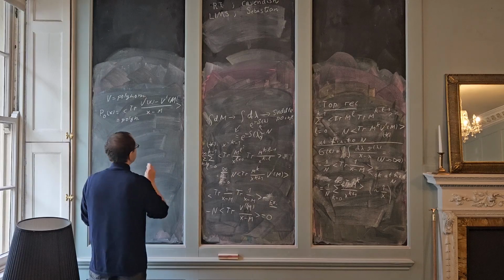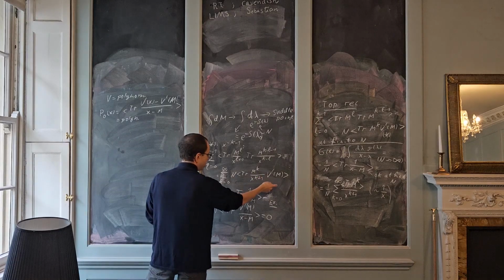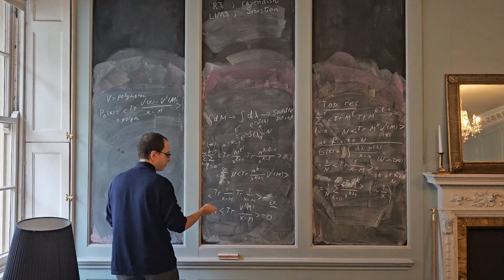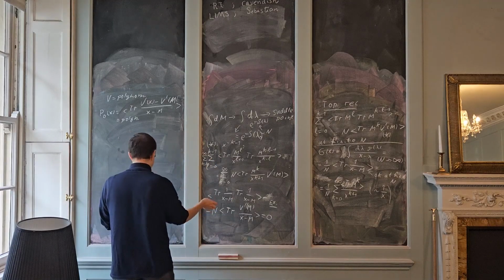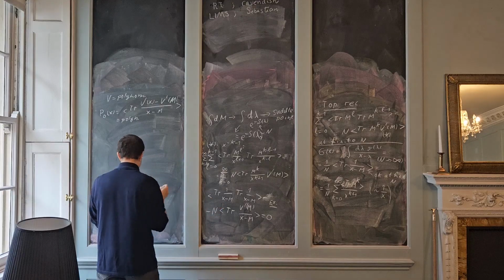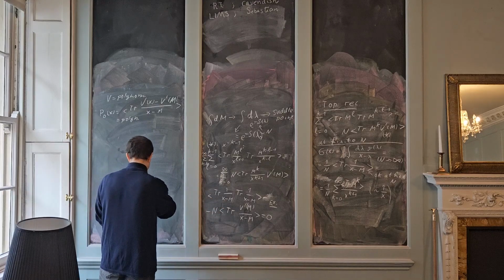If I add and subtract here this v prime, then I can rewrite this right-hand side in terms of this and in terms of v prime itself. So it's useful to introduce some notation.